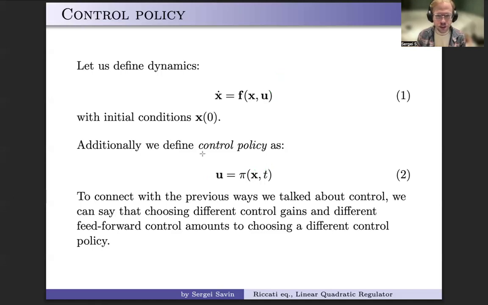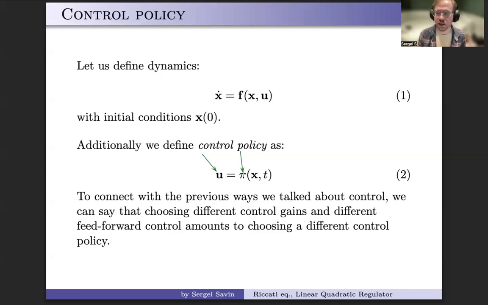Now, a particular u is just a function of time, right? Or it is just a vector of values. Now, pi is a function. You can choose pi as a control policy.